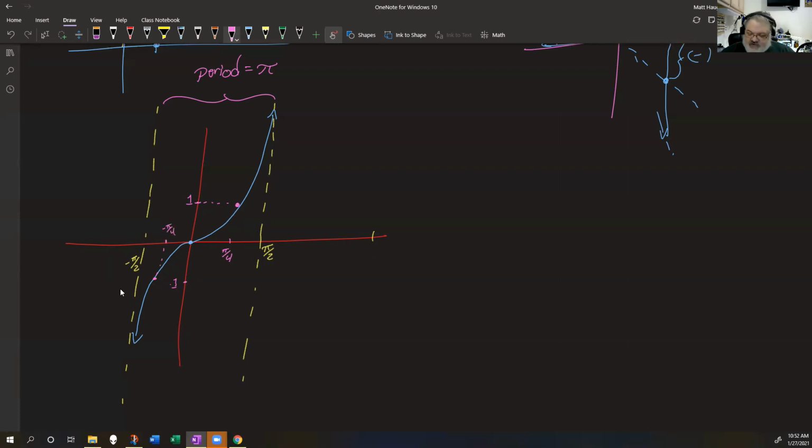So if we have a tangent graph and we say put a 4 tangent of x, that means it's going to take this normal curve and stretch it up so that that quarter point happens at 4 instead. It's nowhere near as significant as the max and min amplitude for sine and cosine.